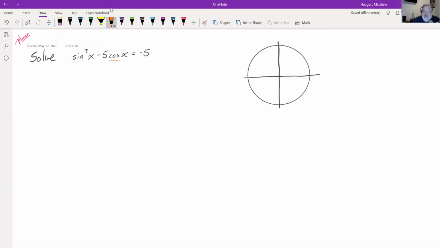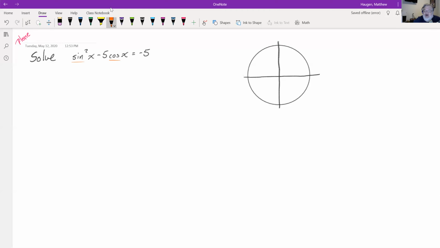If we had either cosine squared and cosine or sine squared and sine, or heck, even if we had tangent squared and tangent, would be better than dealing with a sine squared and cosine. So it would be nice in this problem if we could do something to turn that sine squared into a cosine or that cosine into a sine.